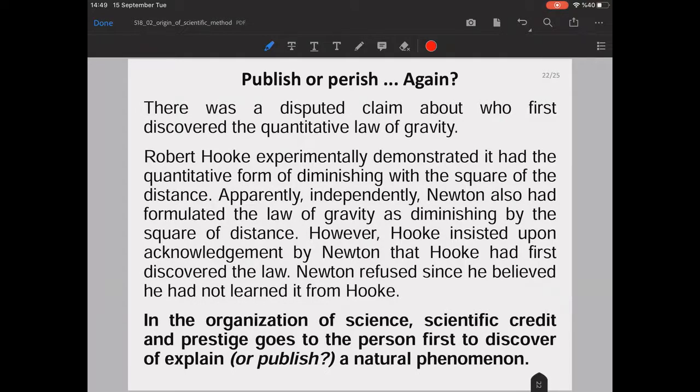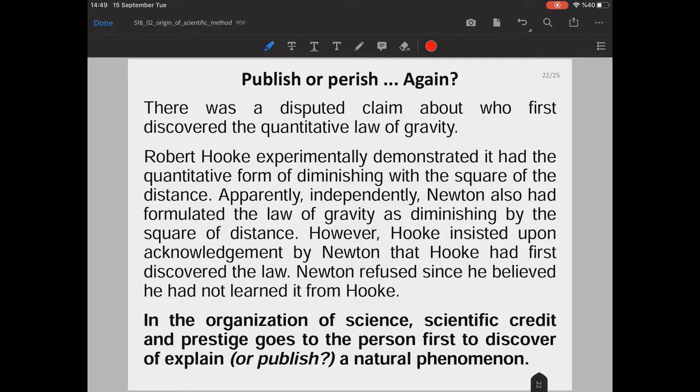However, Hooke insisted upon acknowledgement by Newton that Hooke had first discovered the law. Hooke maybe argues that Newton took it from him. Newton refused this since he believed that he had not learned it from Hooke. Now we see that again, it's a phenomenon in scientific study. In the organization of science, scientific credit and prestige goes to the person who is first to discover or explain a natural phenomenon.